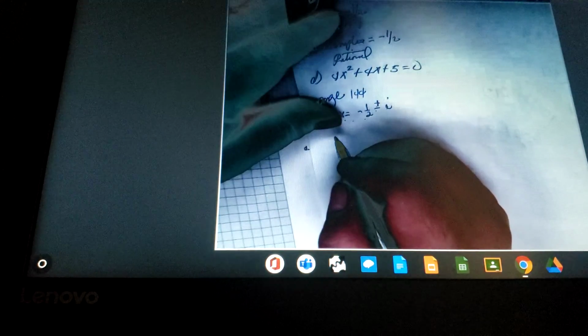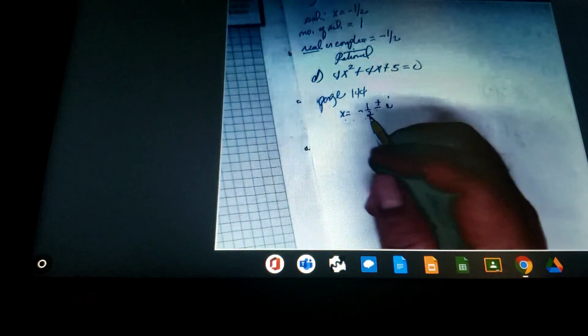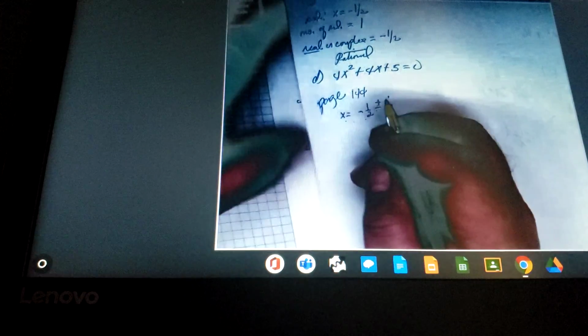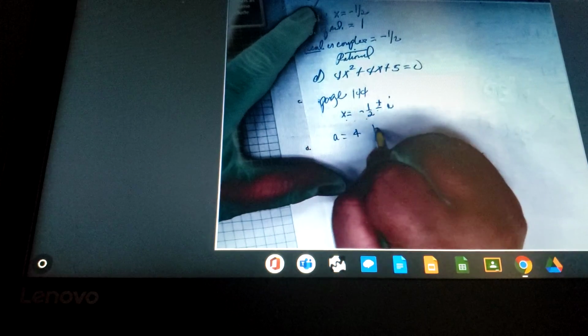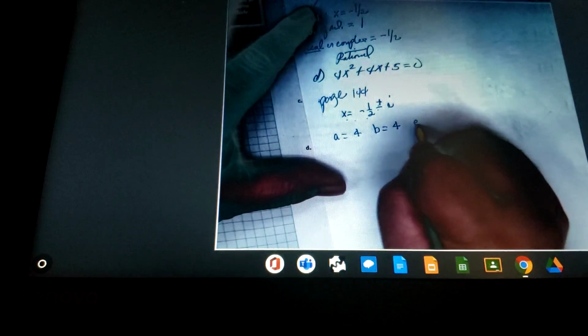Yeah, I put the numbers in the wrong order. So our a is 4, our b is 4, and then c is 5.